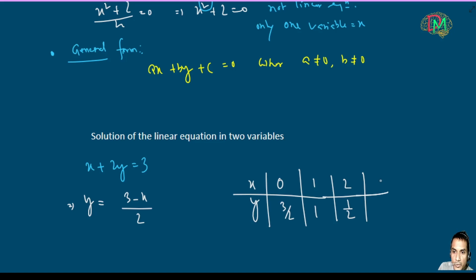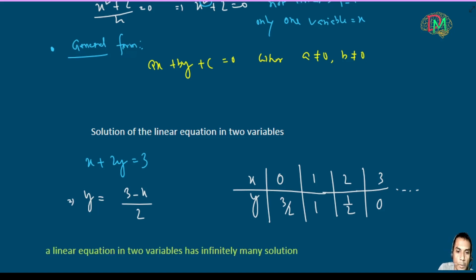If x is 3, y will be 0, and so on. This means for any real value of x we get a corresponding y value. A linear equation in two variables has infinitely many solutions. Clear? Remember this statement.